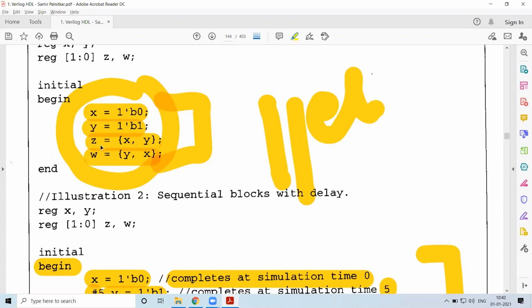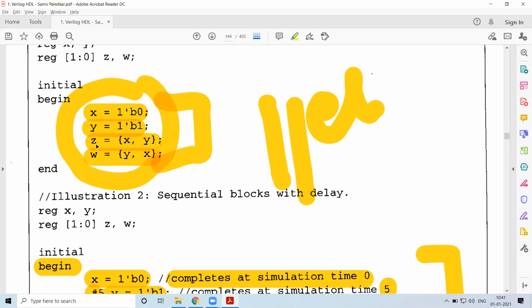Now, what happens if the other two get initiated first? I don't know which one will be executed at what time. That is not under our control; it is under the control of the simulator. So in that case, if say Z gets initiated first, the values of X and Y are not yet known, so they may be unknown.